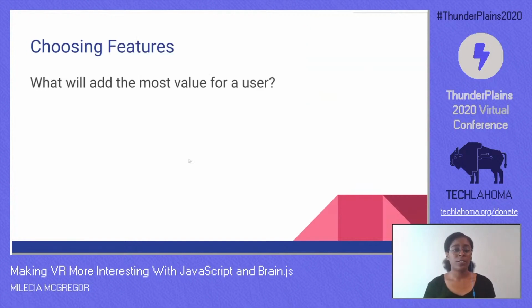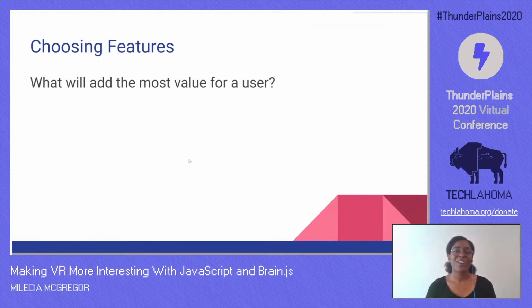So with machine learning projects, there are a few things you have to consider, especially when you're choosing the features that you're going to use for the inputs for your neural network. So the first thing you should think about, what is going to add the most value for a user?